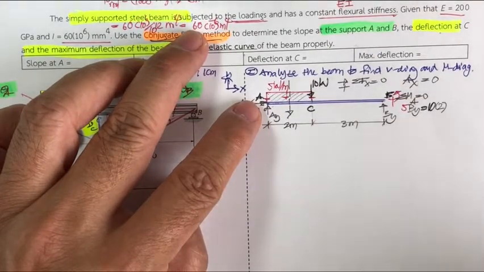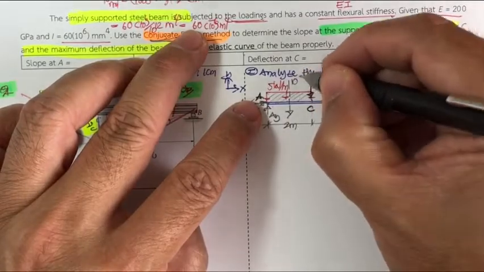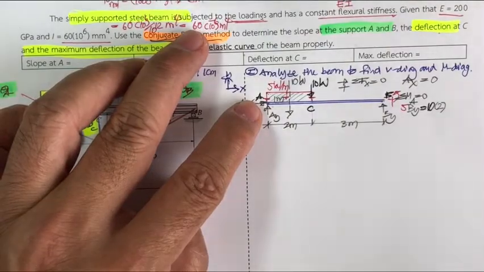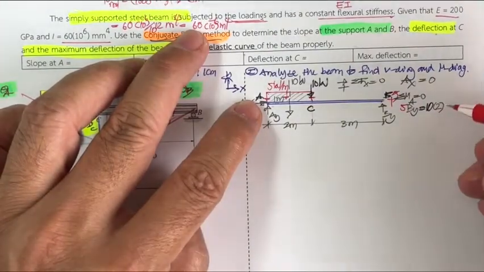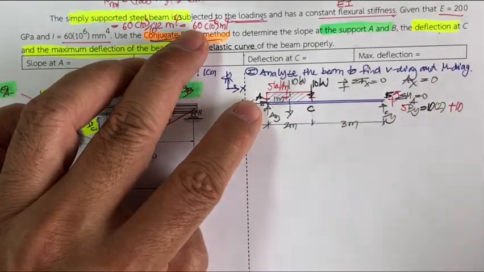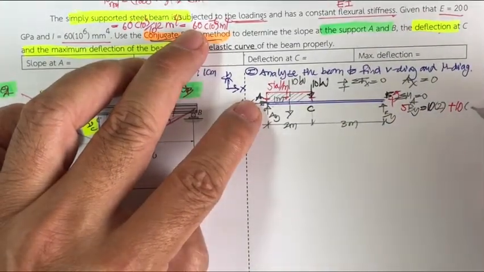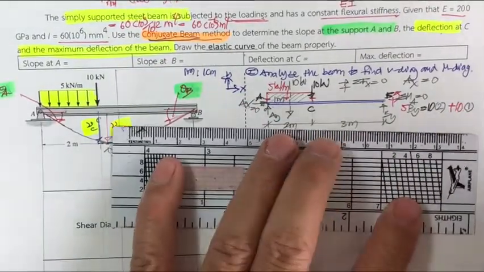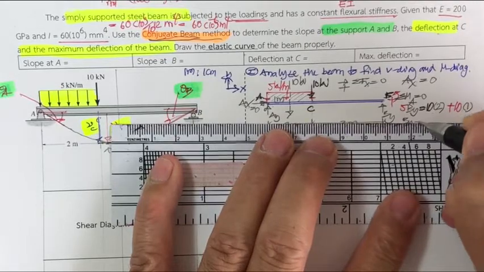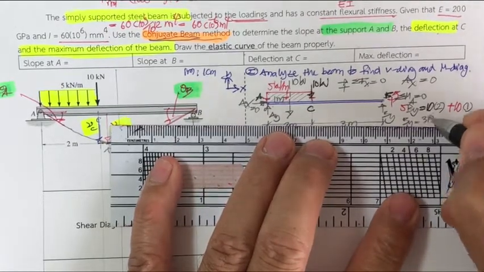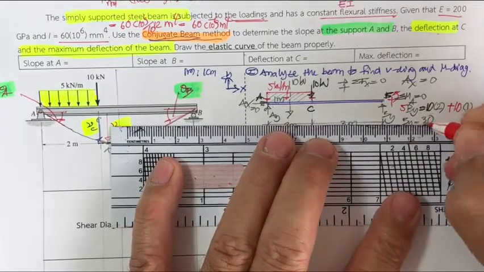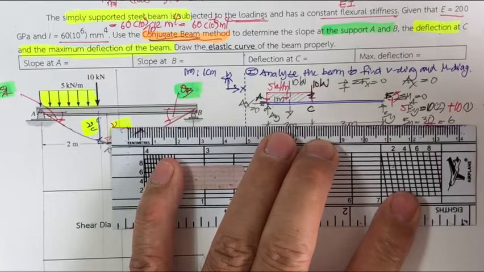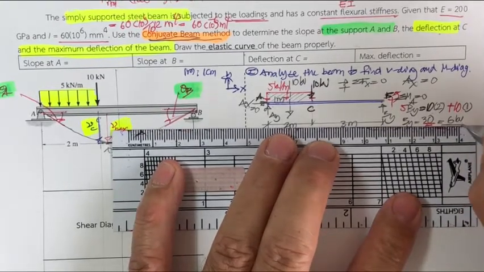That is going to be 10, right? 5 times 2 is 10 kilonewton, which is 1 meter from point A. So you got to plus 10 times 1 meter. So you got 20 plus 10, that is 30. So your B sub y is going to be 30 divided by 5, and it's going to be 6, right? There is 6 kilonewton for the B sub y.